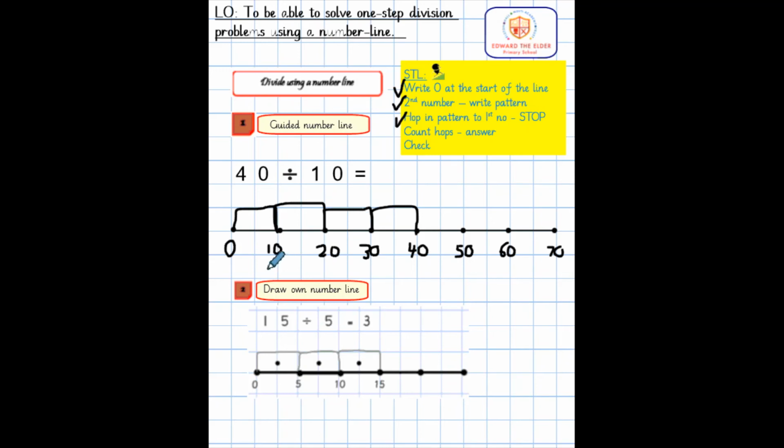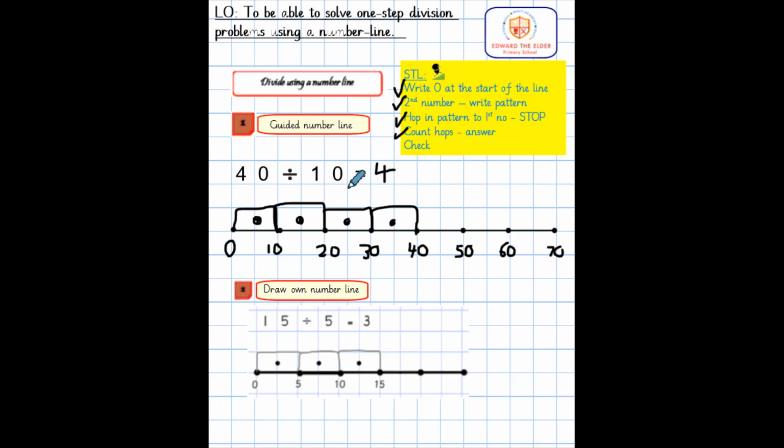We then need to count how many hops we have done. So we've got 1, 2, 3, and 4. So our answer is 4, and we need to write that next to our equals. Tick that. Our last job is to double check our answer. So we've written 0 at the start of the line.